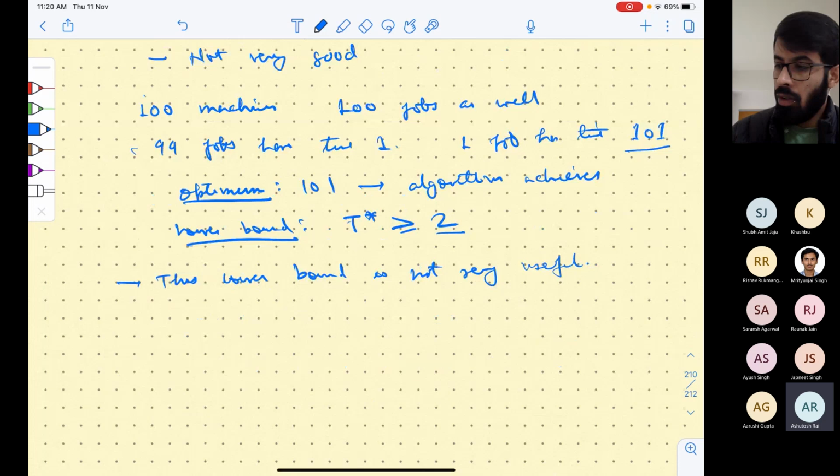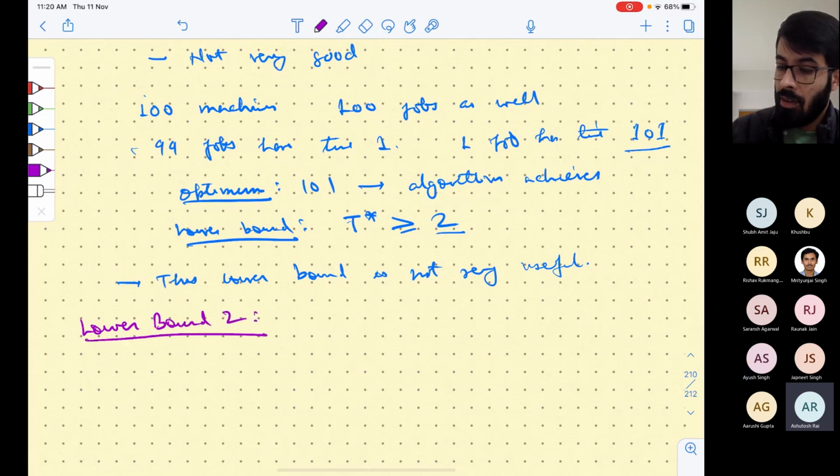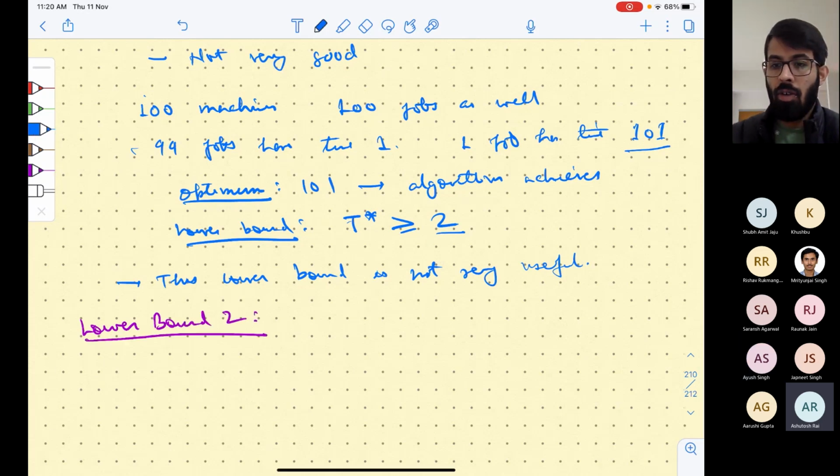So now we want another lower bound. What are we missing in this lower bound? The maximum value of all the Tj. Exactly. So if we add that, now that is another lower bound.